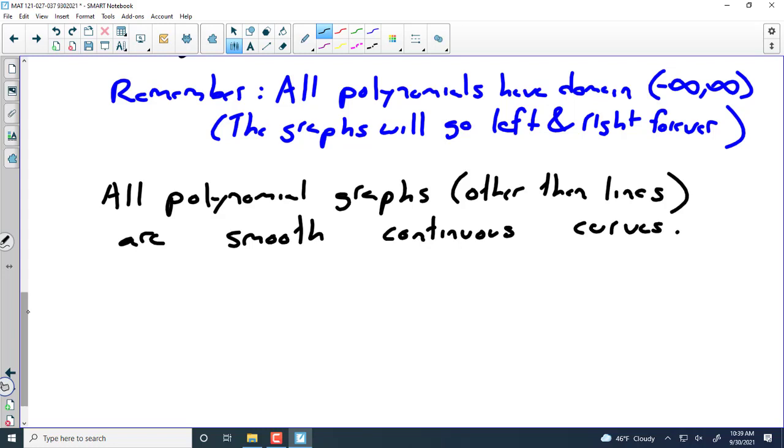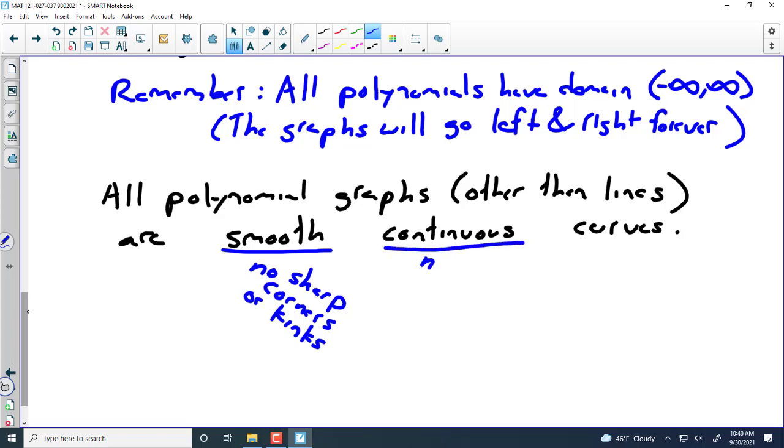Every graph that we draw today is going to be a smooth, continuous curve. By smooth, I mean no sharp corners or kinks. I'll show you what I mean by that in a moment. By continuous, I mean no holes or gaps.